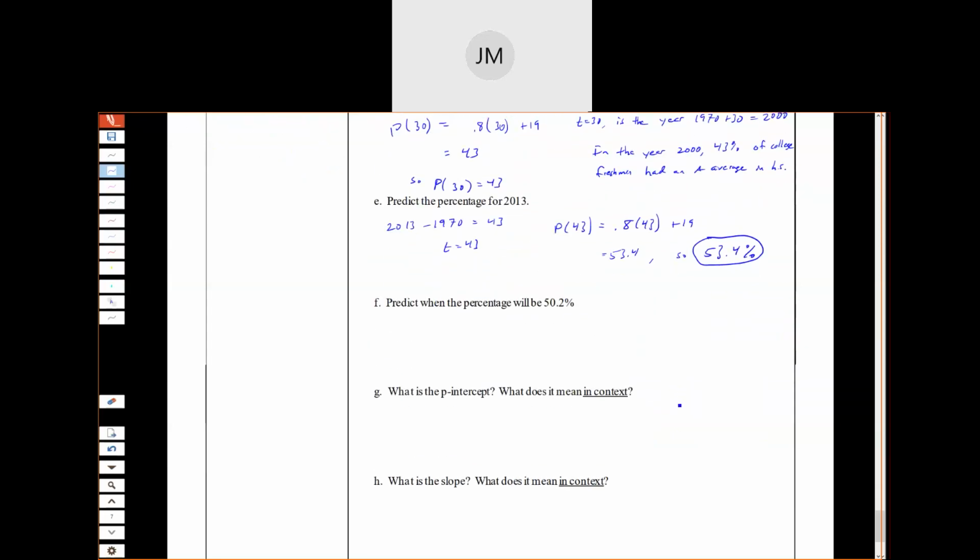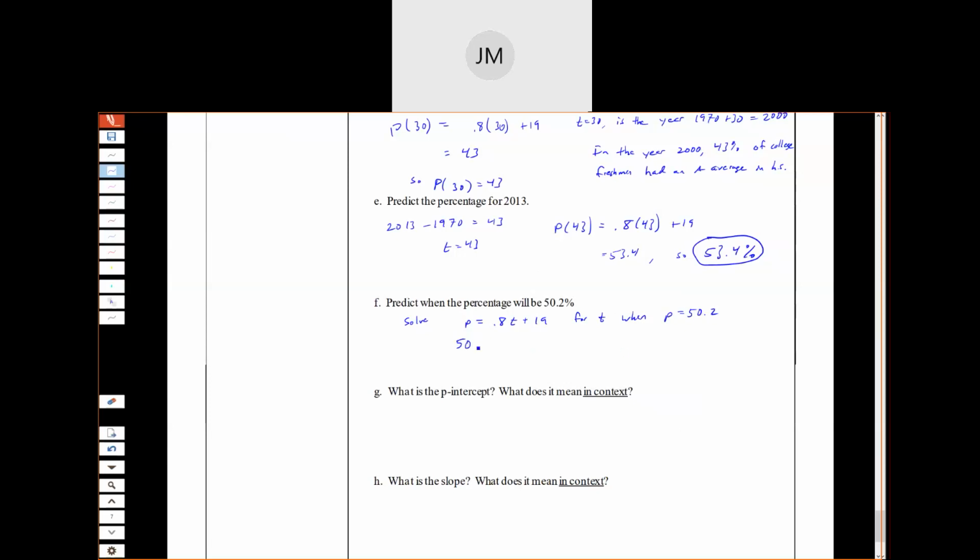Predict when the percentage will be 50.2%. So what I want to do is solve P equals 0.8 T plus 19. It's saying when, so I want to solve for T when P is equal to 50.2.